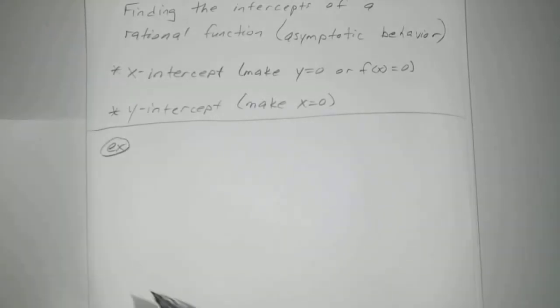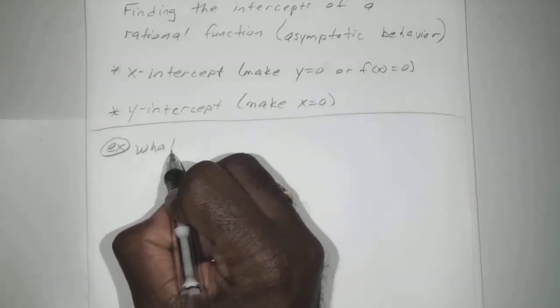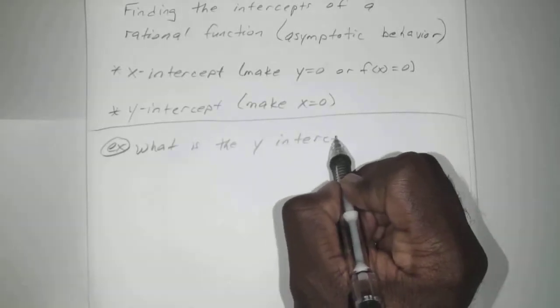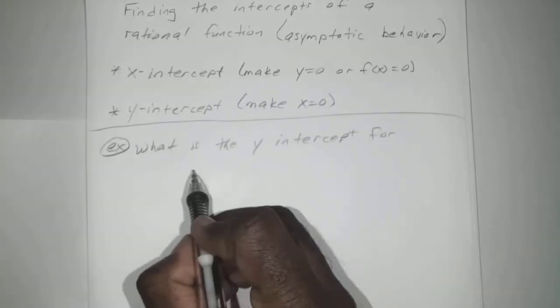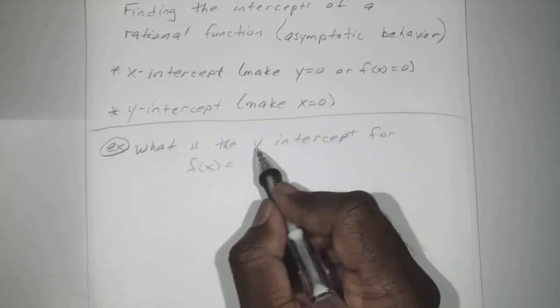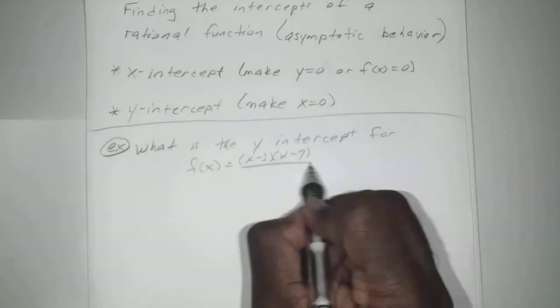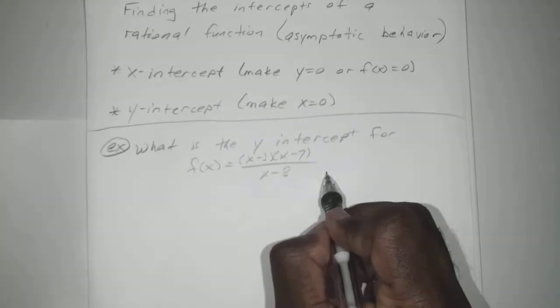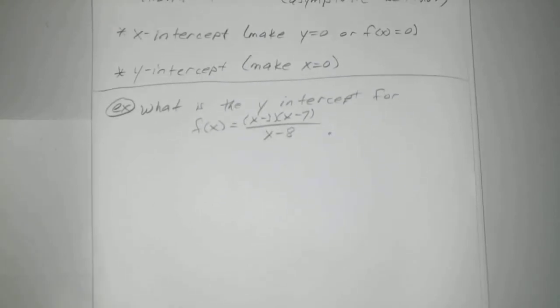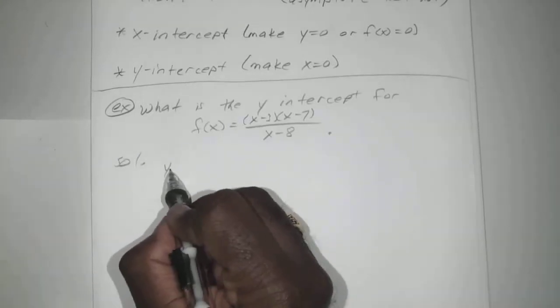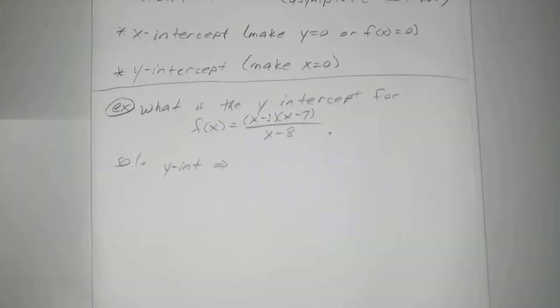Okay, so for example, if we wanted to decide what is the y-intercept for f of x equals, let's say, x minus 3 times x minus 7 all over x minus 8. We know that the y-intercept just means you make x equal 0.